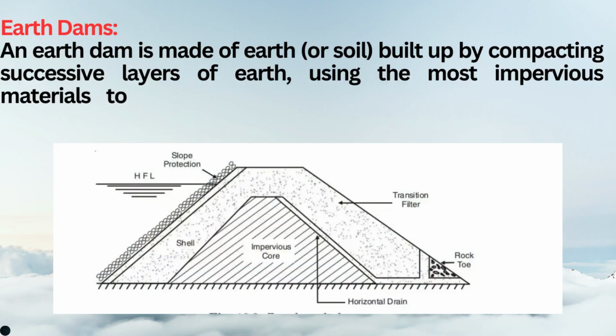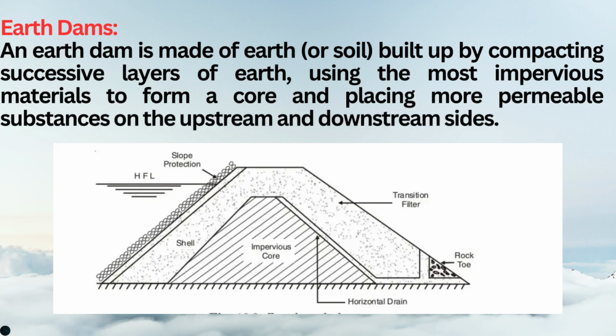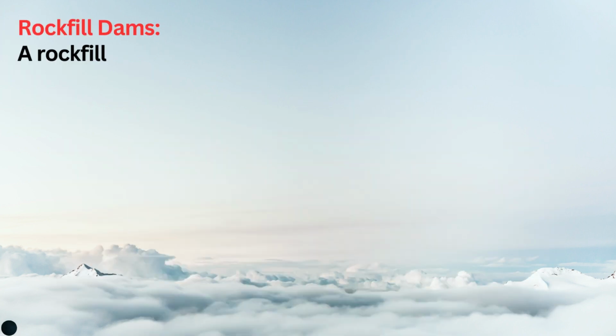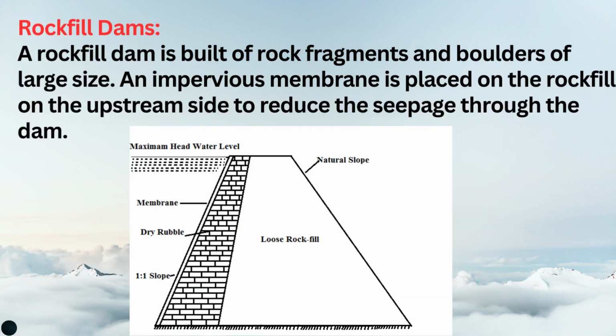Now the next is earthen dams. Earthen dams are made up of soil or any available local material near the village, in which impervious materials are used to form a core, and more permeable substances are placed on the upstream and downstream sides. Next is the rockfill dam.